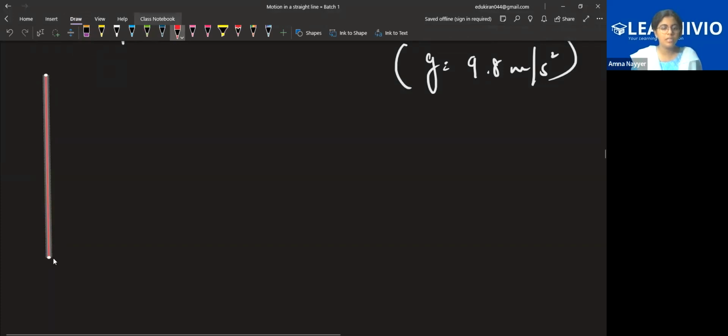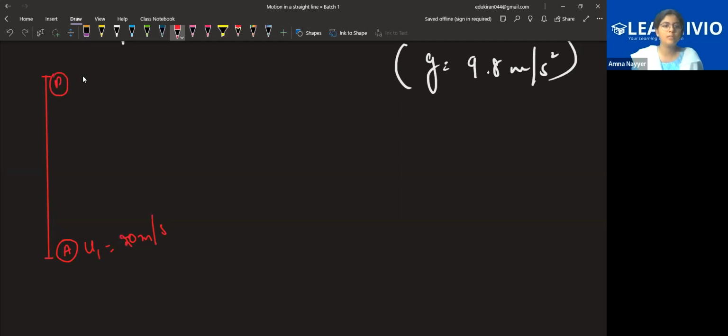This is, suppose, the distance that we have. There is a ball which is moving with a velocity of 20 meters per second, right? And there is another ball B which is moving downwards with a velocity of 20 meters per second.